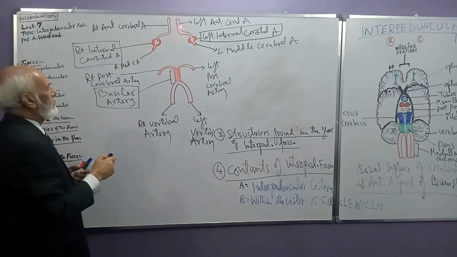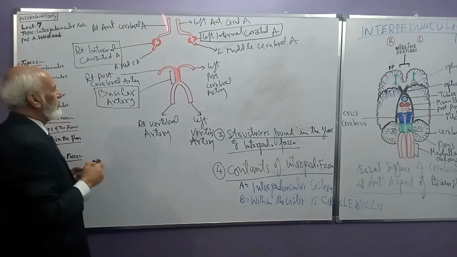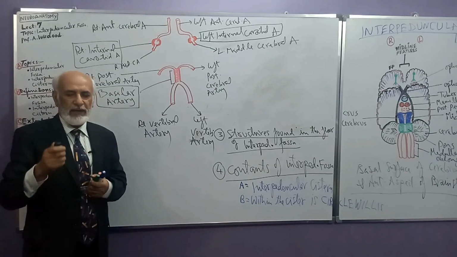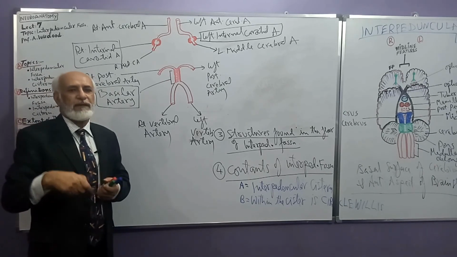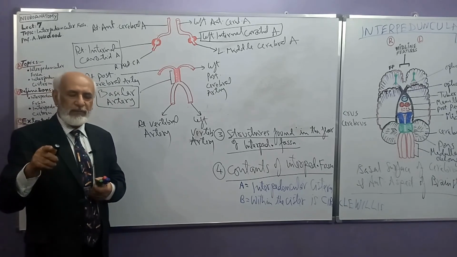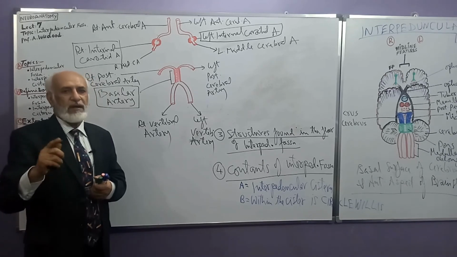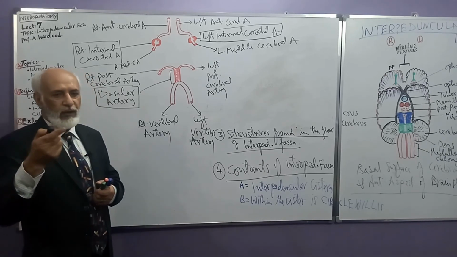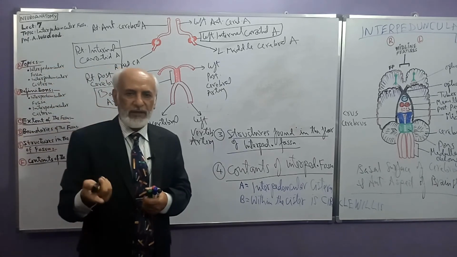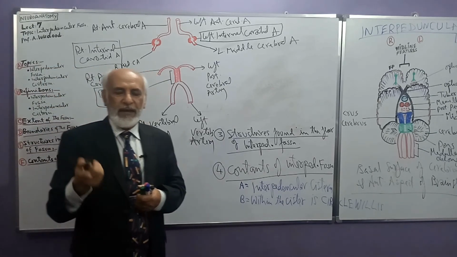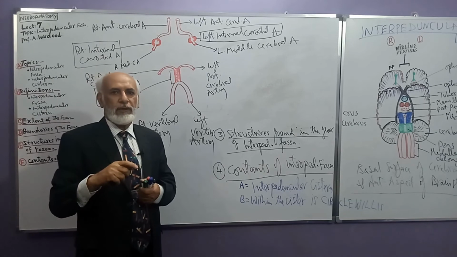So we have two anterior, two middle, and two posterior cerebral arteries. They divide into cortical branches and central branches. Cortical branches supply the outer part, that is the cerebral cortex, the gray matter outside.